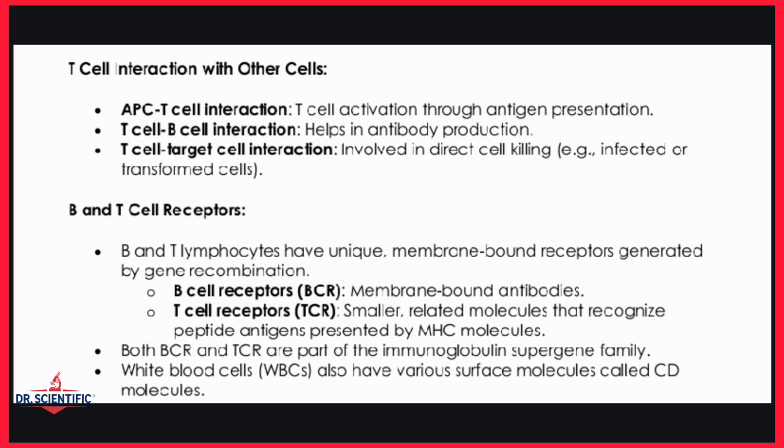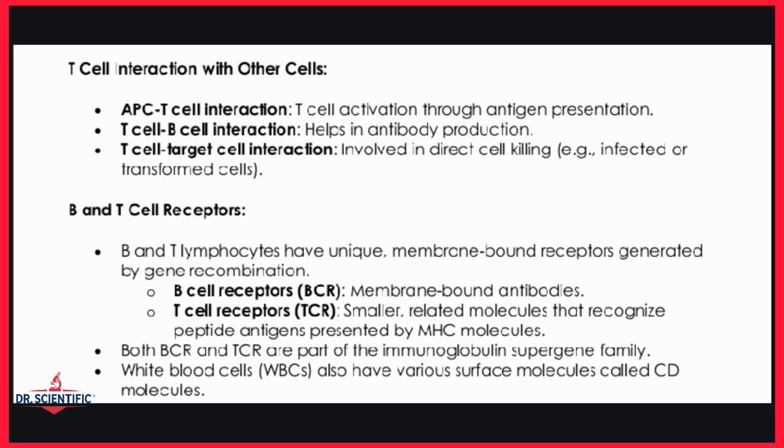Then T cells are going to interact with the peptides, Major Histocompatibility Complex, through the T cell receptor. So both of these are found in the immunoglobulin superfamily gene. So of course, the immunoglobulins are what we refer to as the antibodies, and antibodies are shaped like this. This is how they are shaped.